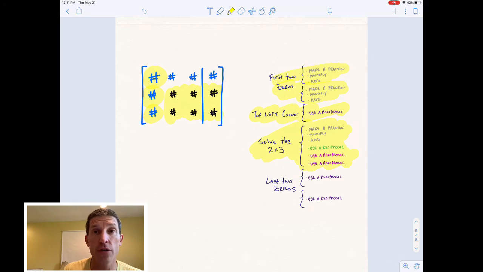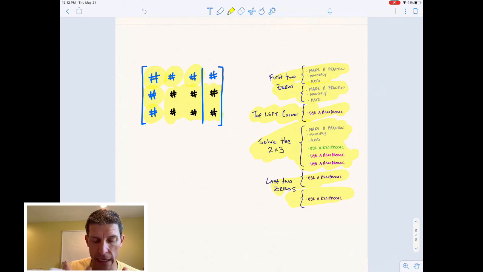And now we need 2 more things to be addressed. The last 2 zeros, I need a 0 here, so use a reciprocal. I need a 0 here, use a reciprocal and add. That's it, right? That's going to be your entire process. When you're done, you'll have a diagonal of 1s. You'll have your answers to the right of that vertical line, and life will be good.